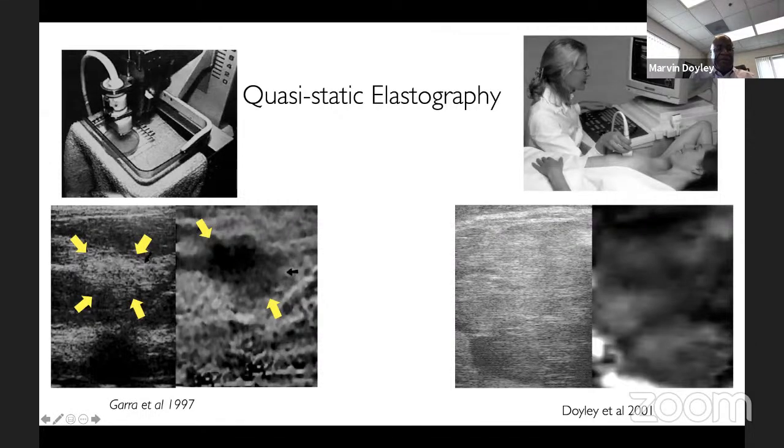And these are some of the first clinical images that they got here, reported by Brian Garra in 1997. For those of you who are interested, the article is in Ultrasound in Medicine and Biology. And it highlights some of the strengths of elastography.